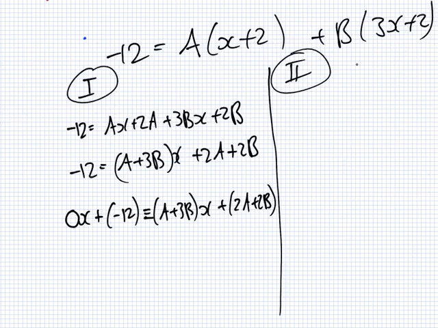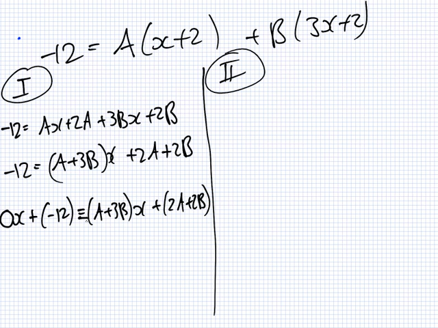But you can make a comparison. If this is linear and this is linear, then as Faisal was saying, the coefficients should be the same. So we have no x's on the left, meaning we should have no x's on the right. So that means A plus 3B equals 0. And likewise, 2A plus 2B should equal minus 12.